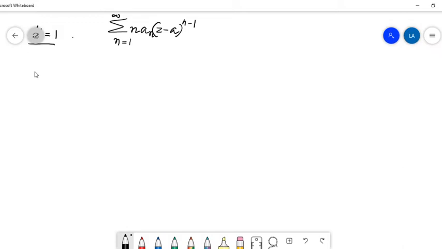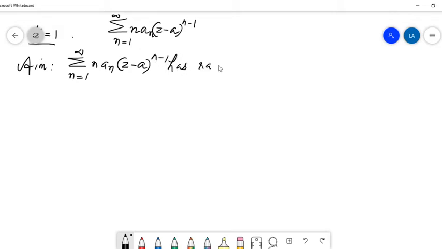So our aim is to prove that summation n is equal to 1 to infinity n into a_n into (z minus a) the whole raised to n minus 1 has radius of convergence capital R. This is our A.